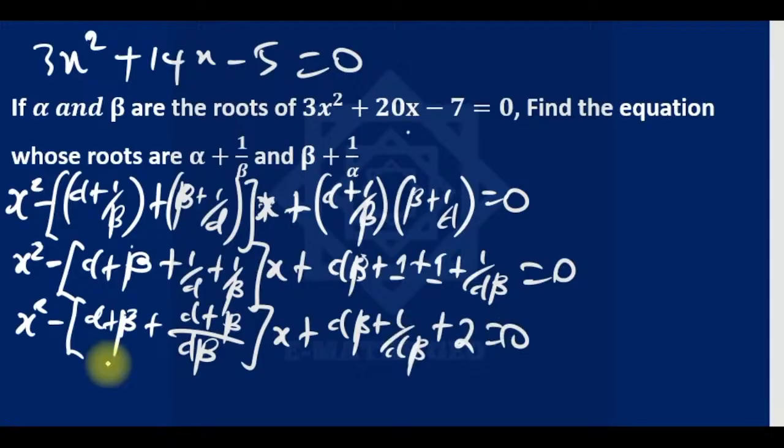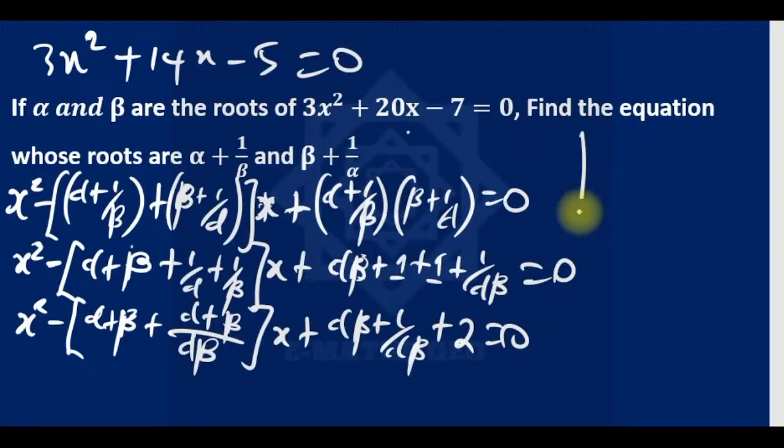So this is where we need to get this sum and the product. Remember they said alpha and beta are the roots of this. Alpha and beta are the roots of that.